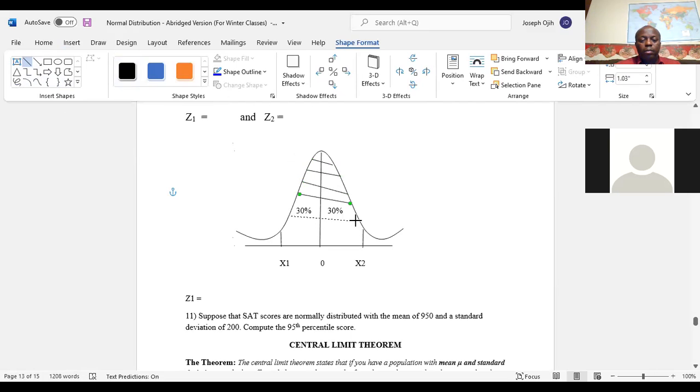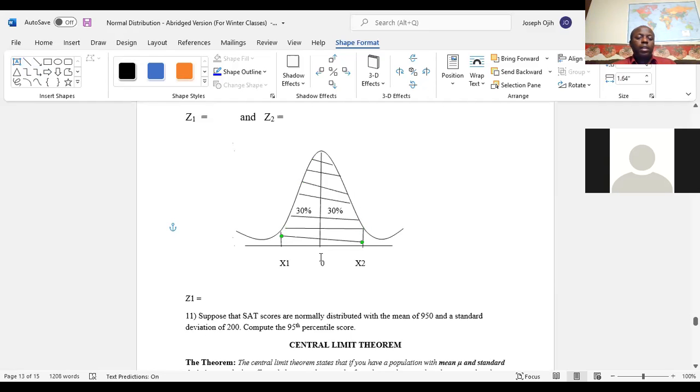Never cross the boundary. The computer sometimes messes up. All right, we have this.